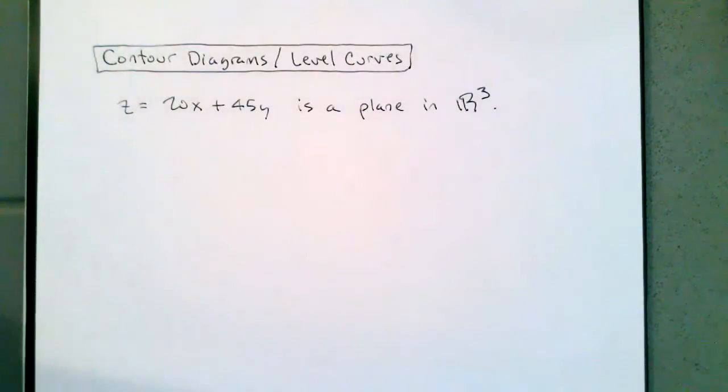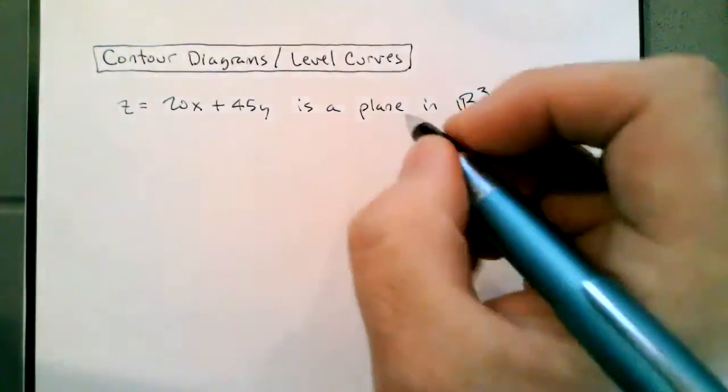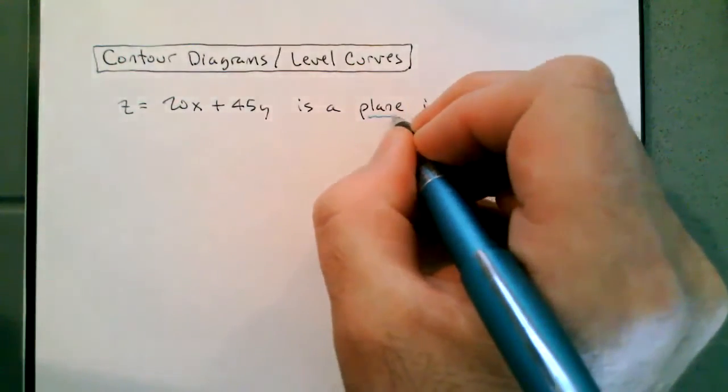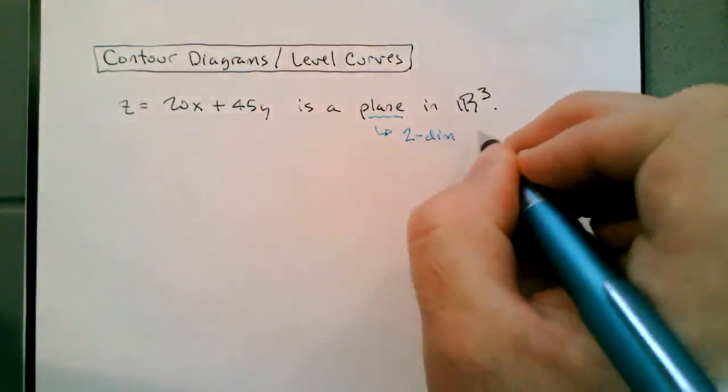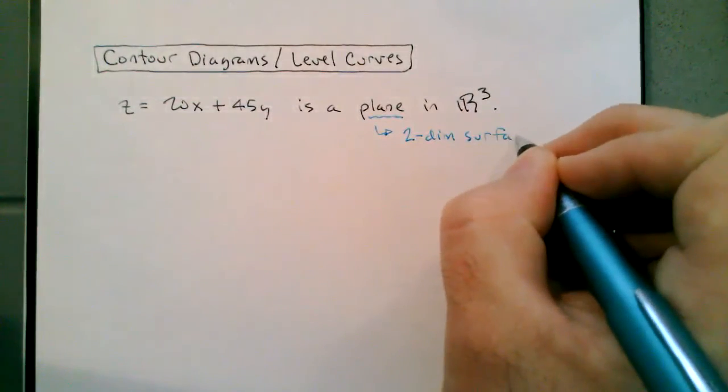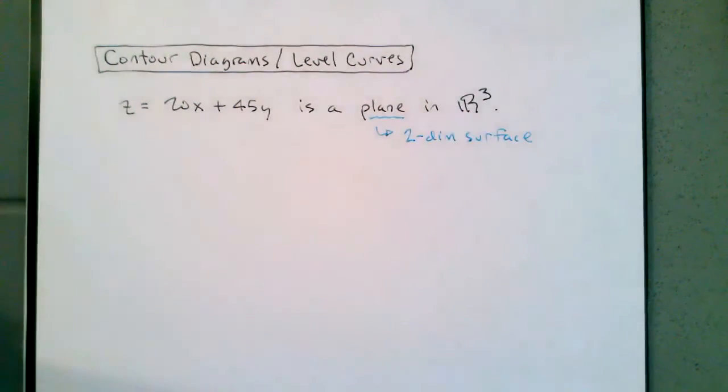A plane is significant because a plane is a flat 2-dimensional surface. One way that we can analyze a surface in R3 is by looking at contour diagrams or level curves.